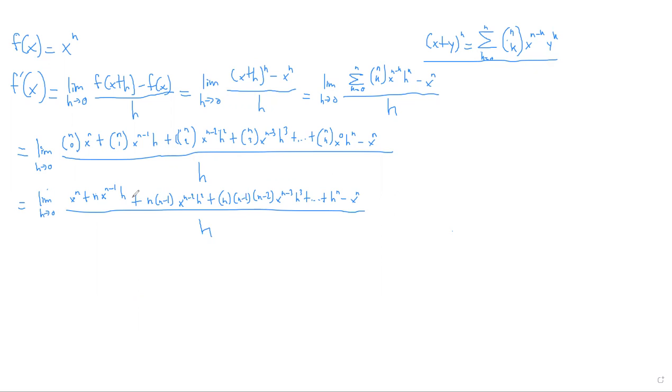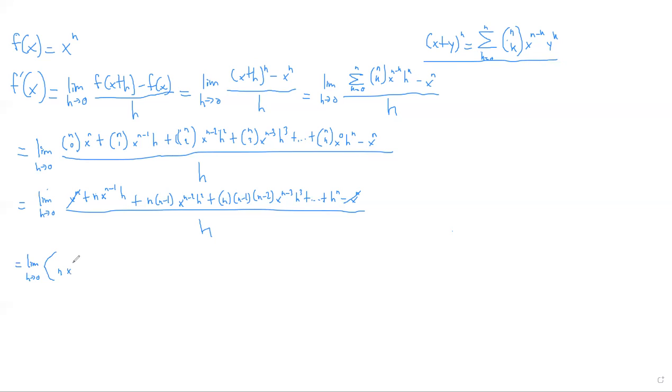Okay, first of all, x to the n here cancels out with x to the n there. So because the x to the n's cancel out, every preceding term in the numerator has a greatest common factor of h. So we can factor that out. I'm just going to divide that. So brackets here: h divided by h is just 1.